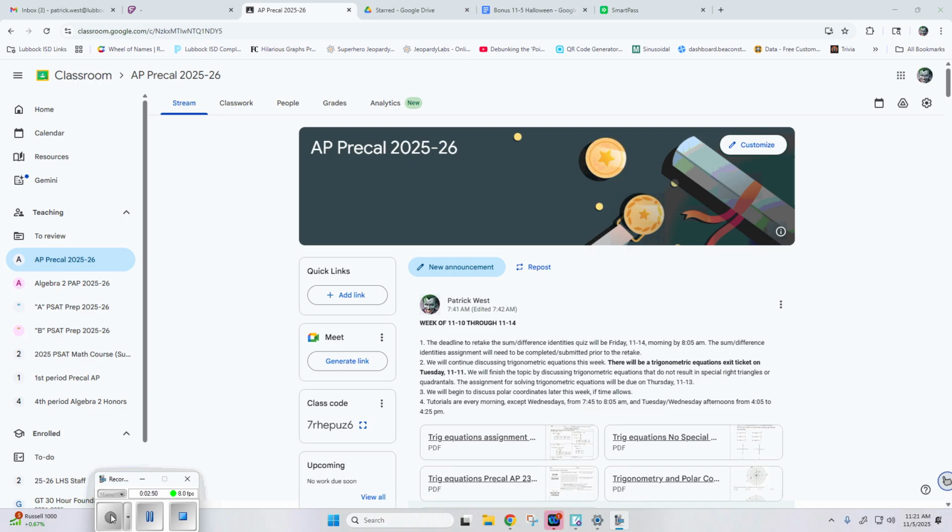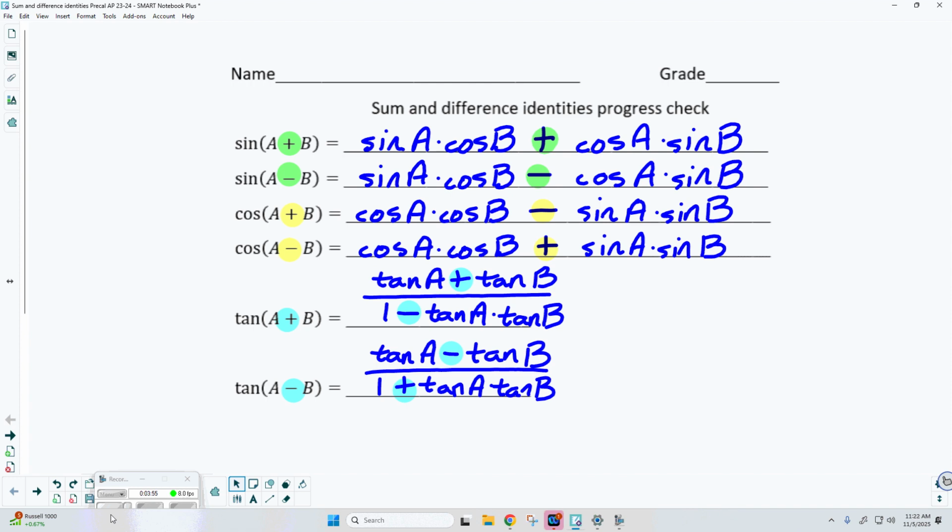Okay, 1 minute. Okay, that's 3 minutes. Hopefully this is what we're going to have on your paper, something very similar to it.